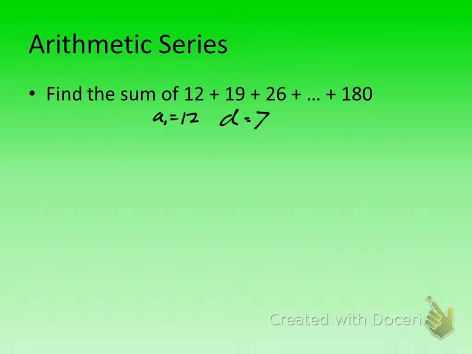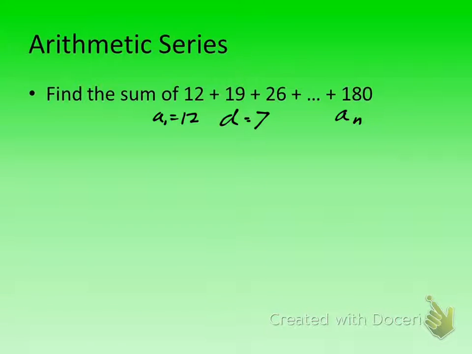So we know what a sub n is, we just don't know what n is. Make sense? So then you can plug these all into the formula we used yesterday, solve for n, take that n, take your a sub 1, plug it in, and finish.